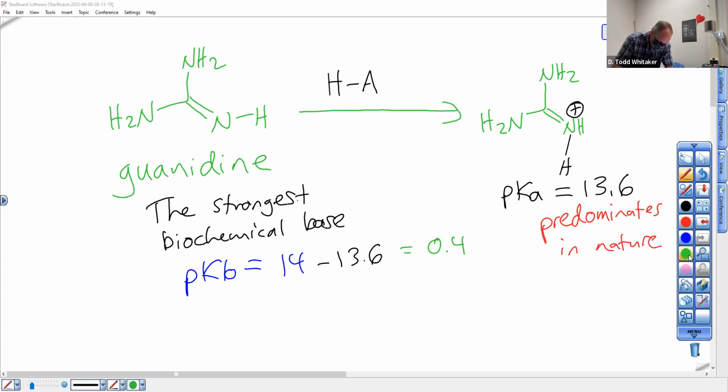And as promised, I'm going to show you the amino acid that has a guanidine residue in it. All amino acids look like this in their natural Zwitterion form, except for the one that has a ring in it, the proline, sorry. Too many details, I know.